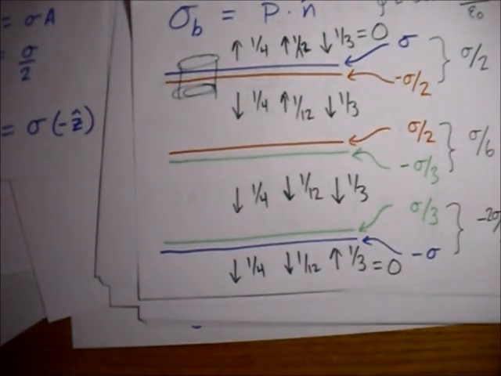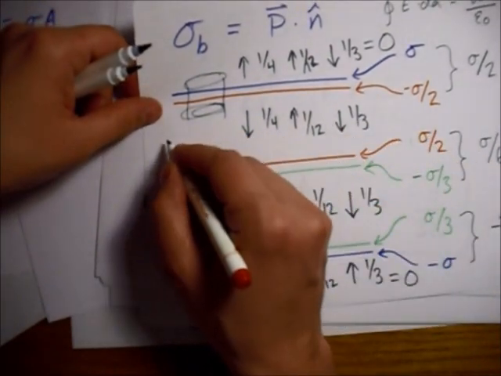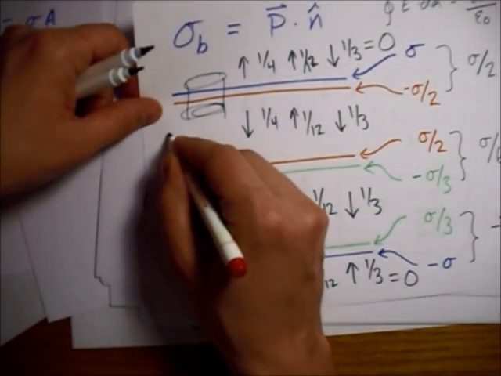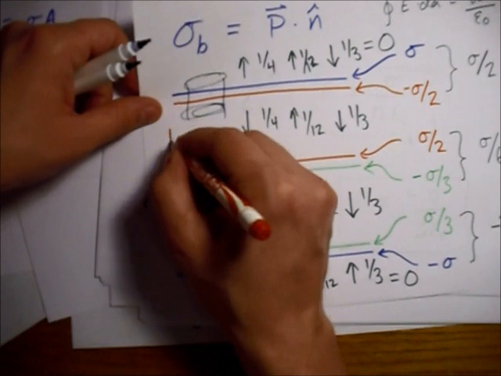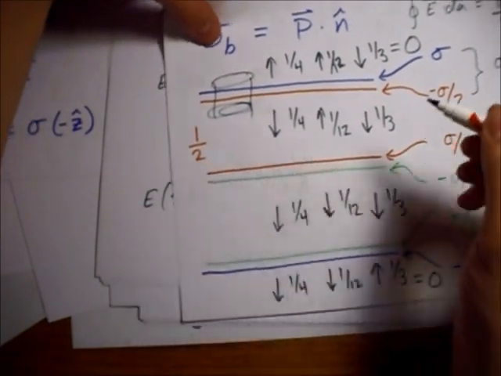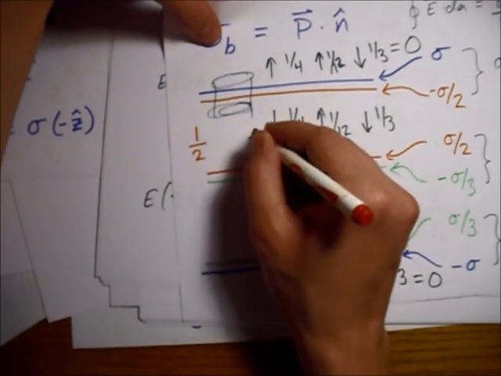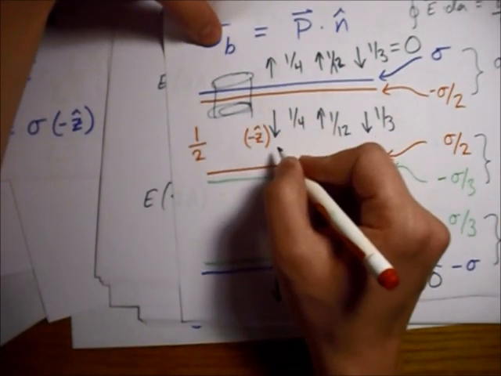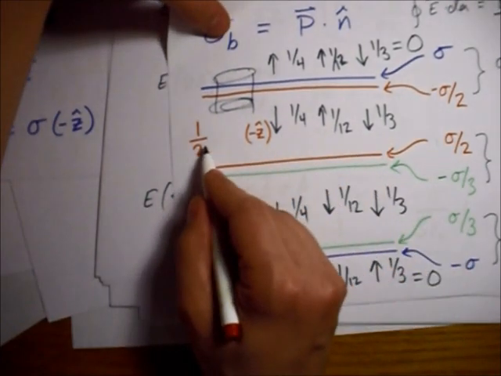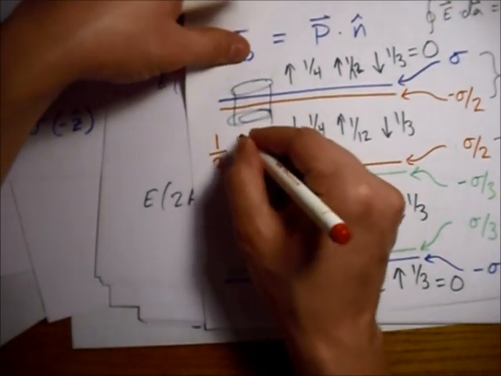So that's a 6/12 or 1/2. So we just have a 1/2. Okay, so we have a 1/2, but it's going down. So I'm gonna write that like we wrote before, minus z hat direction, and then to make this an electric field, we had to add in our sigma over epsilon naught.